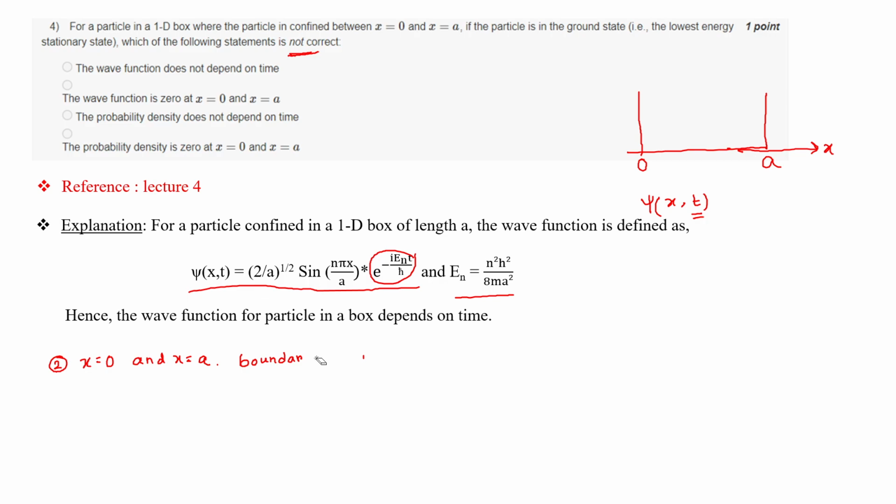Sir, psi x square. Psi x square, right? In a better way you can say this as psi x star times psi x. This is the probability density.